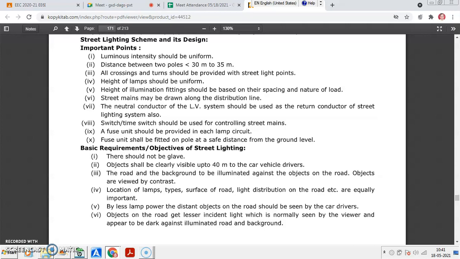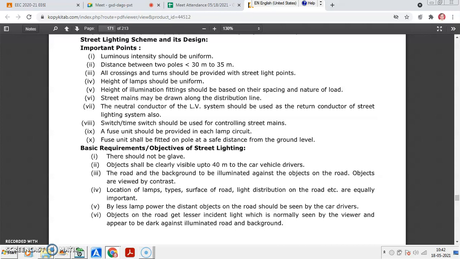Objects shall be clearly visible up to 40 meters from the point of observation, or objects shall be clearly visible up to 40 meters to the vehicle drivers. So normally, car vehicle means any vehicle drivers. He should be able to see up to 40 meters. So the illumination level must be like this.